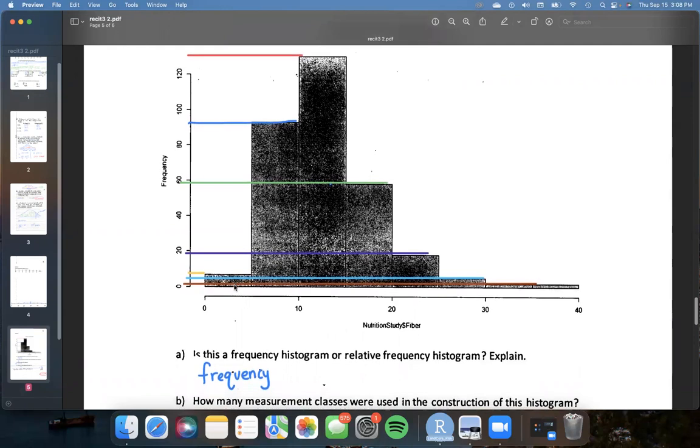All right, how many measurement classes were used in the construction of this histogram? We're going to count how many buckets or bins there are. A way to visualize it is to pretend that each range, like 0 to 5, is a bucket, 5 to 10 is a bucket, 10 to 15 is a bucket, and so on.